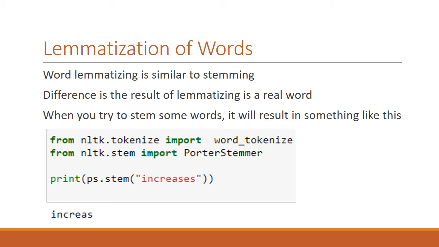Lemmatization of words is similar to stemming. The difference is the result of lemmatizing is a real word. When you try to stem some words, the results might be something like this, where we try to stem the word increases, and the value returned from the stem method is INCREAS, which isn't a real word.